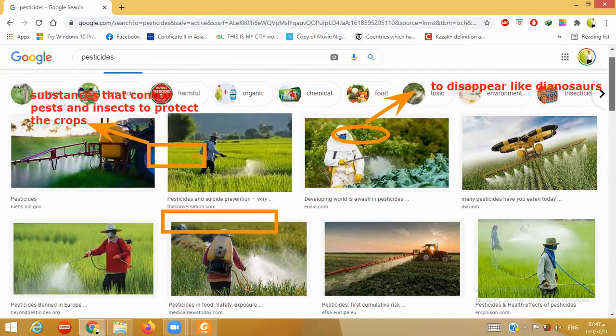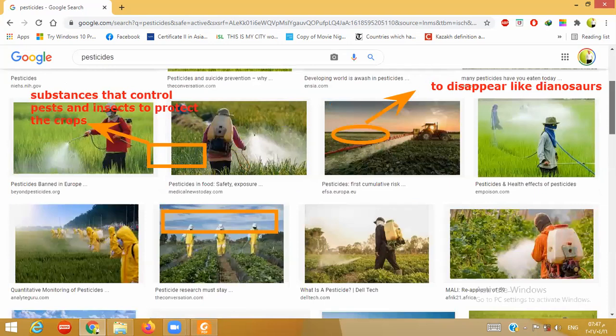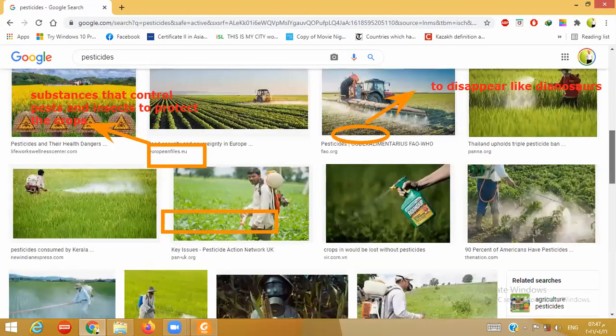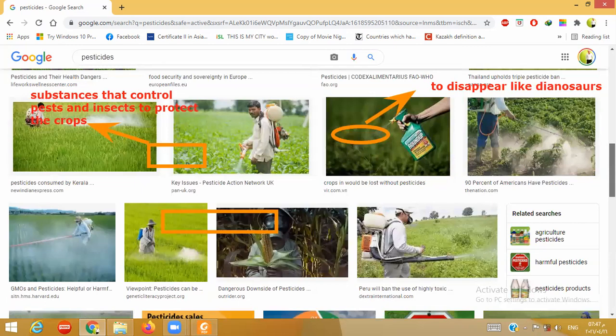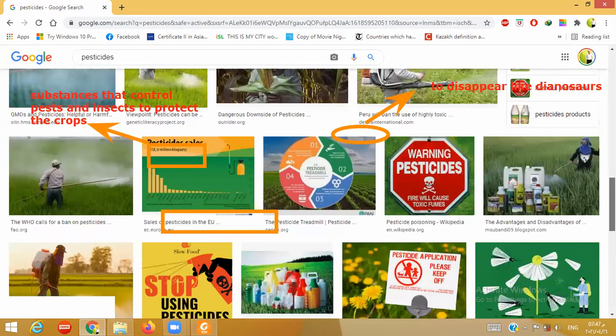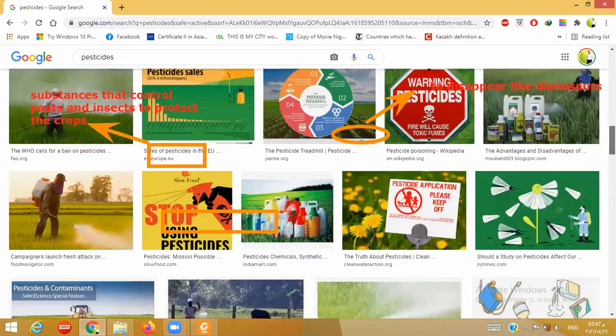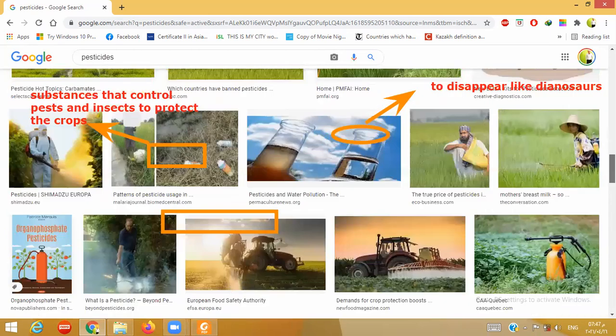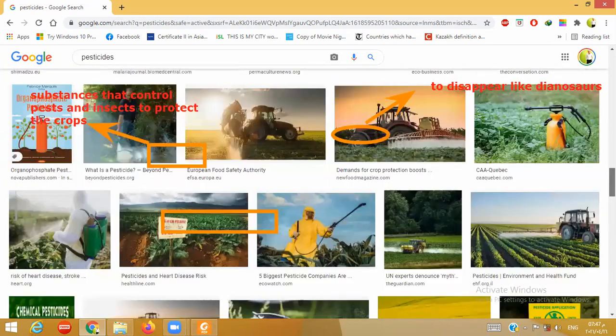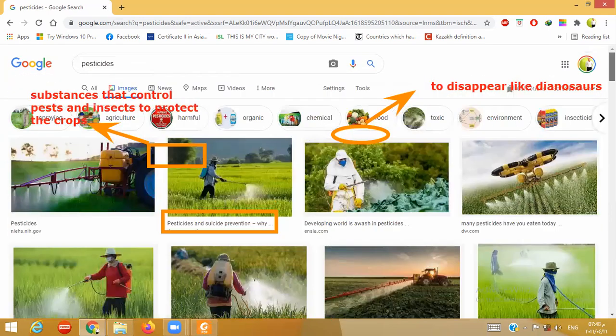Those pesticides are very important for the plants, for the crops, so that they can grow faster and without any damage. Because you know very well that insects and animals come to eat those plants, so those pesticides can put them away. But unfortunately these pesticides cause the Egyptian vulture to die.